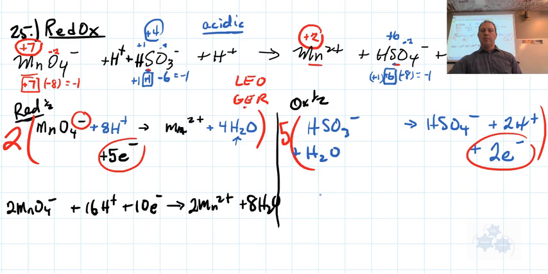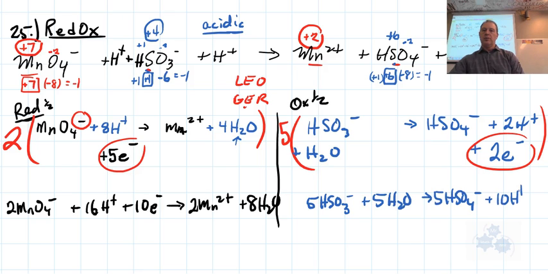And this one in blue: I have 5 HSO3 minuses plus 5 waters, giving 5 HSO4 minuses, 10 H pluses, and 10 electrons.